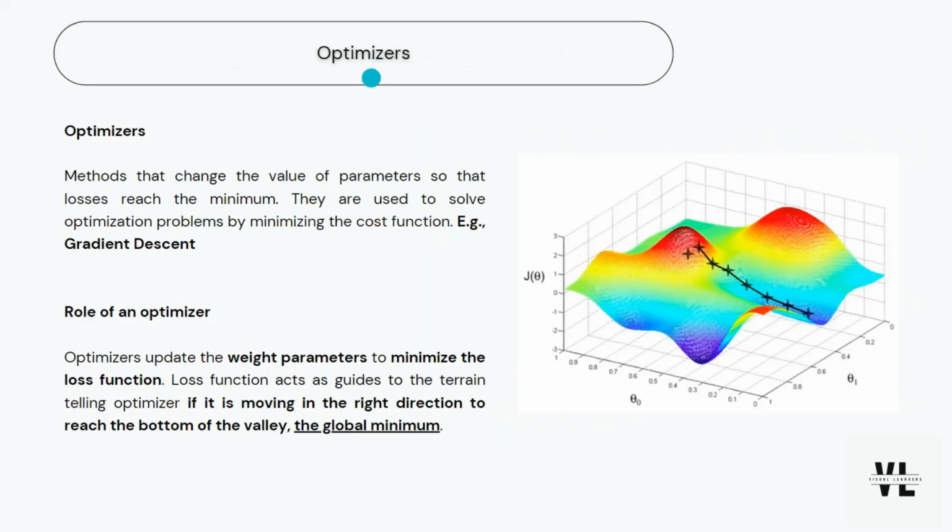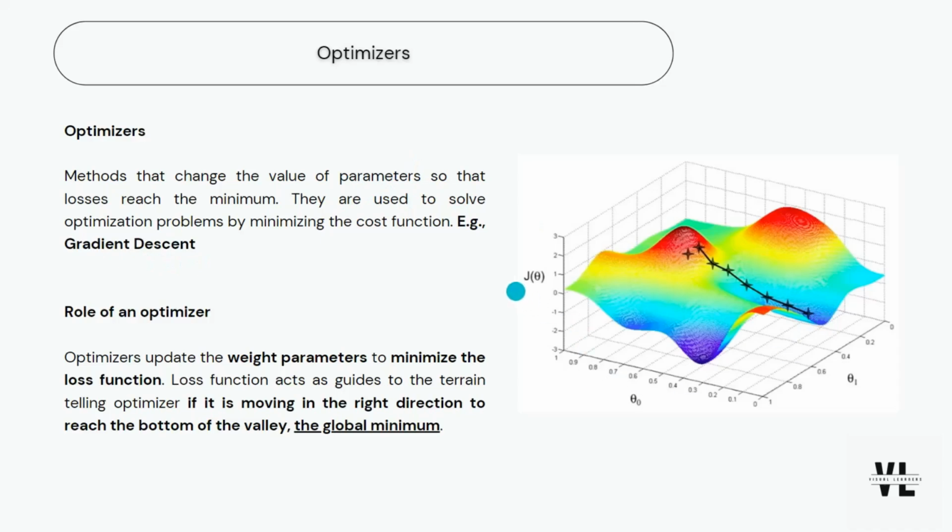Now we have arrived at the main topic for this video, which is optimizers. Optimizers are methods that change the value of the parameters so that losses reach the minimum. And they're also used to solve optimization problems by minimizing the cost function. So they're basically used to adjust the value of the parameter so that the loss can be minimum.